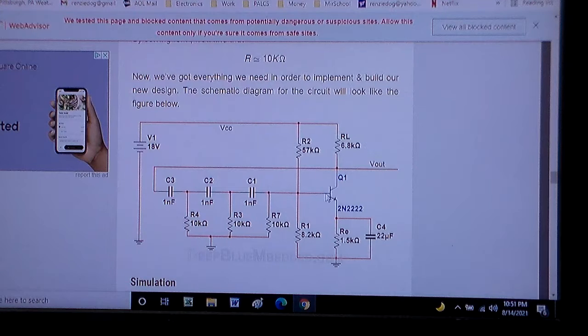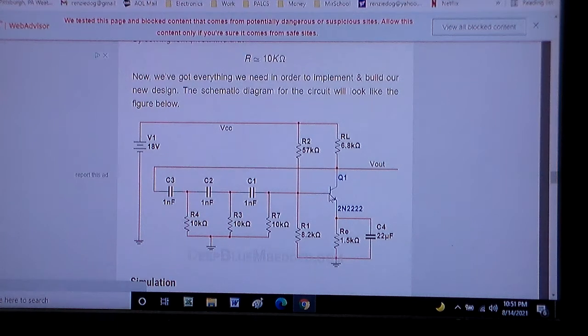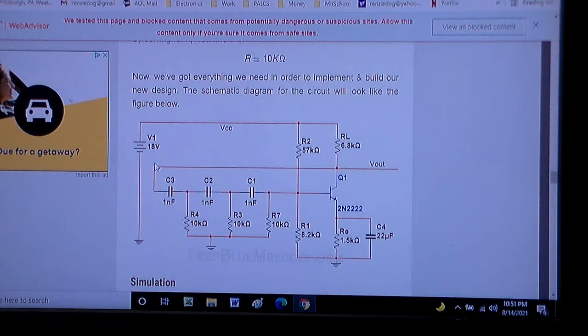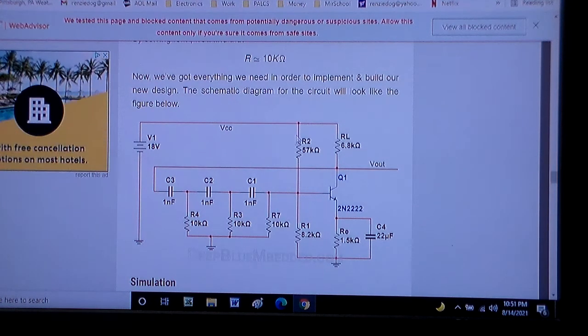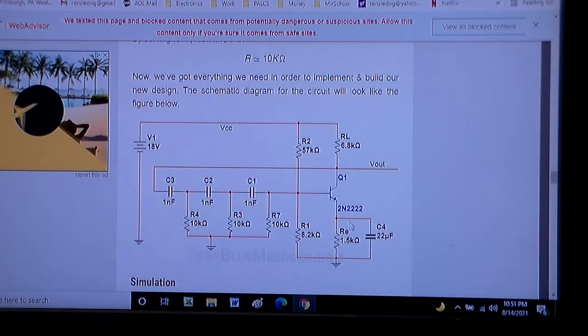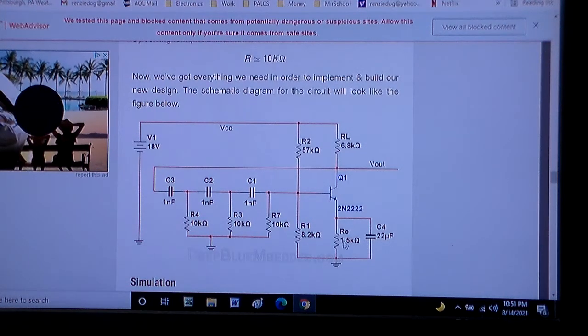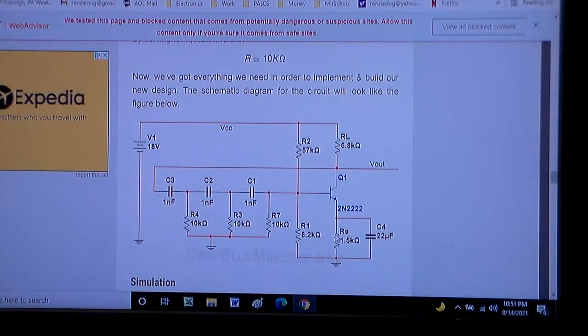So that means you have to have a positive voltage here on the base to turn this thing on. So here basically there's a design, 18 volts in, and then this is the biasing circuit. There's a voltage divider right here for the biasing circuit. Here is the cathode resistor, and I'm not really sure why they put this on here.